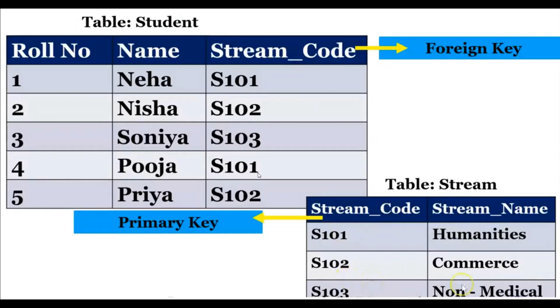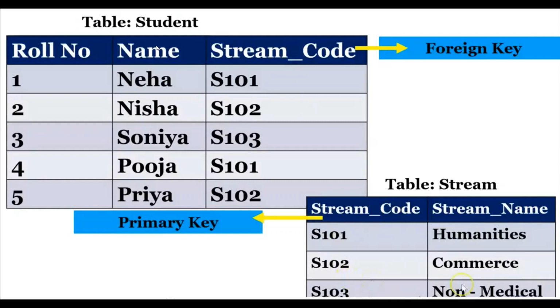But what is the meaning of this 101? This also has to be saved somewhere. So there is one more table stream in which it's mentioned 101 is humanity, 102 is commerce, 103 is non-medical. In this table stream, your stream code attribute is the primary key.